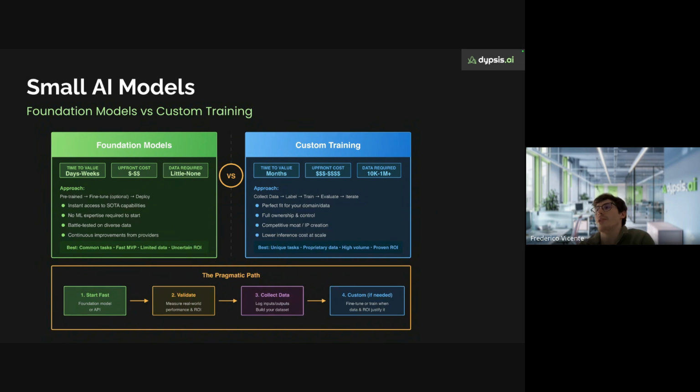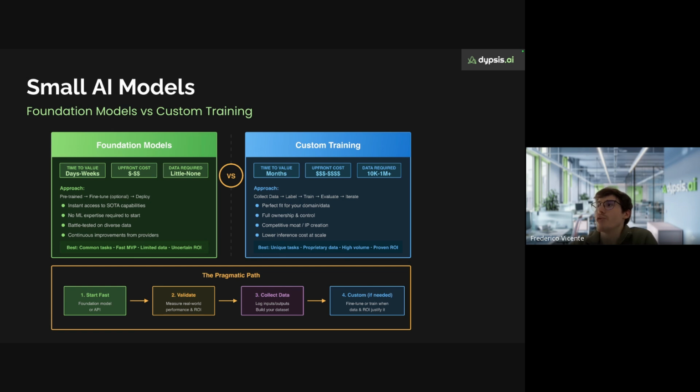And this also brings us to the question of when to use these kinds of foundation models. These are quite big models that have already been trained on a lot of data, and then you might just adapt them to your specific domain, versus using your data to do some custom training.